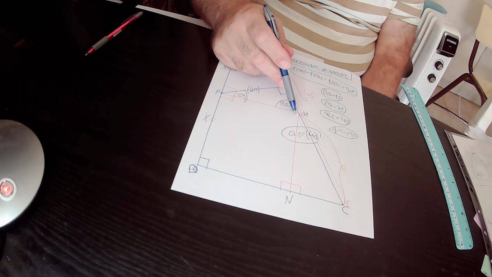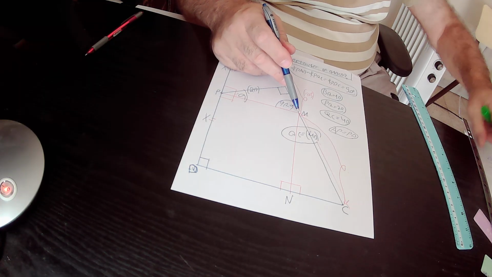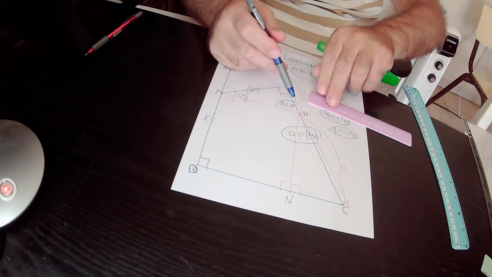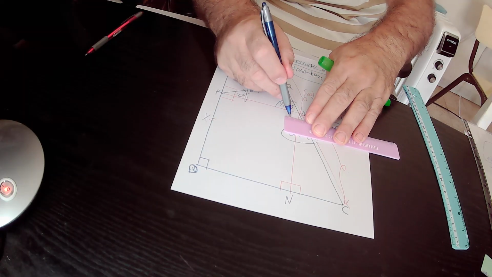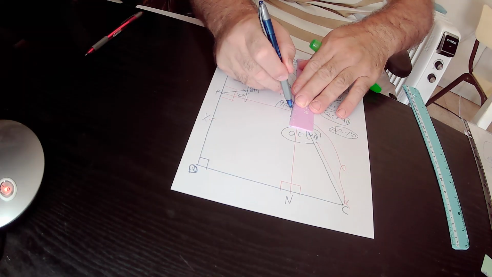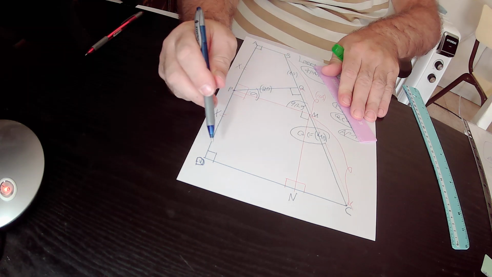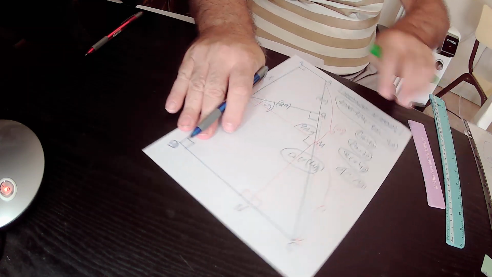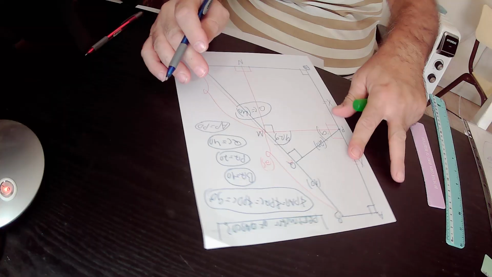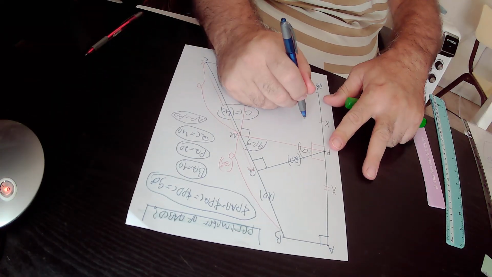Therefore, this fourth missing angle must be 90 degrees. So inside quadrilateral PMND, we have four right angles, and therefore quadrilateral PMDN is a rectangle.